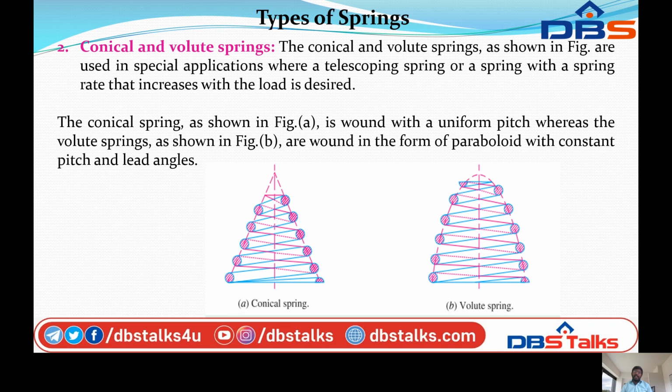So we can see figure A and figure B. The conical spring has a uniform pitch and a triangular shape, while the volute spring looks like a parabolic shape, with constant pitch and lead angle. The pitch will be constant, and the lead angle is also constant. So the whole spring is a parabolic shape, and the conical spring has a triangular shape.